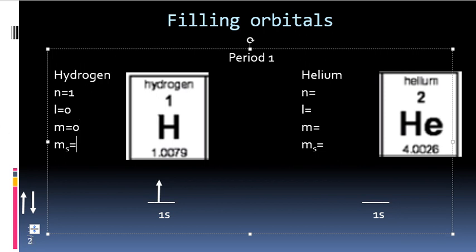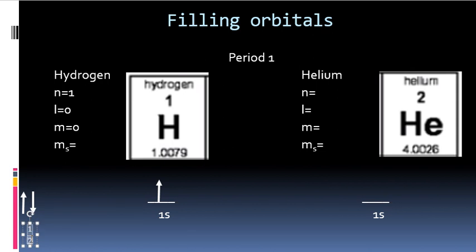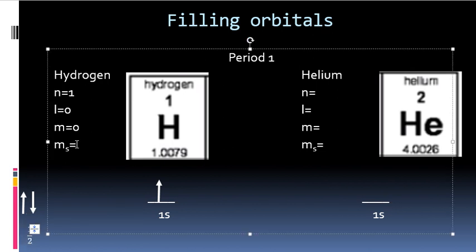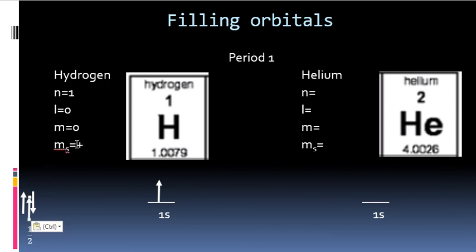And since we are dealing with an electron that's in the upwards position, it would have an electron spin quantum number of positive 1/2. And that would essentially be the 4 quantum numbers to represent the outermost electron in hydrogen.